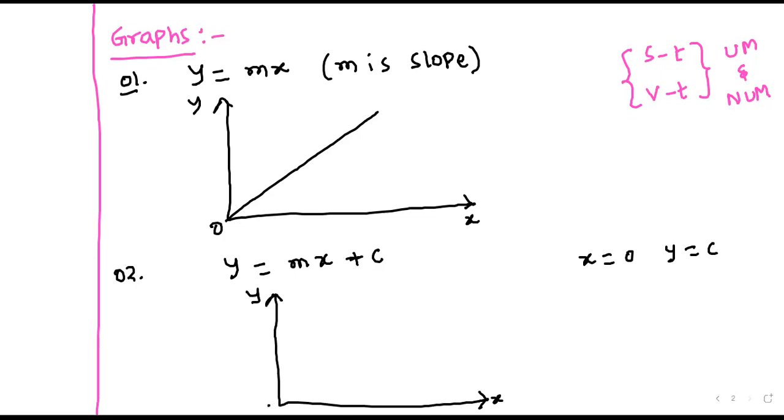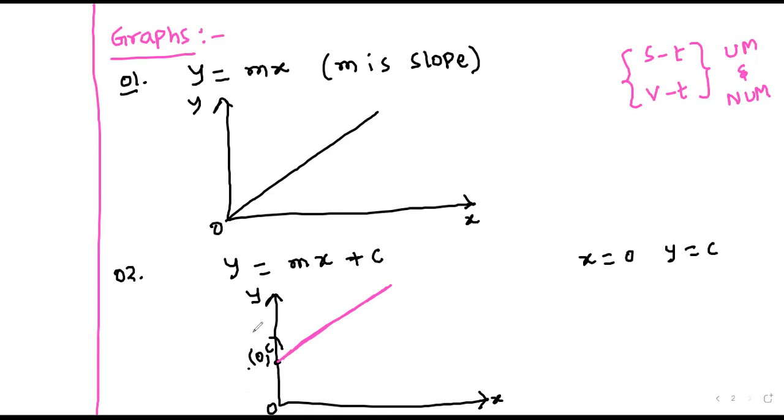This is origin. When x equal to 0, this point I can write as 0 comma c. Now from here, as x increases, y is also increasing.